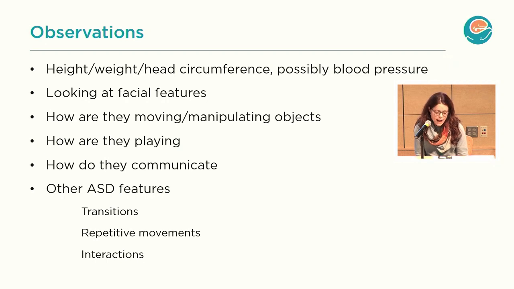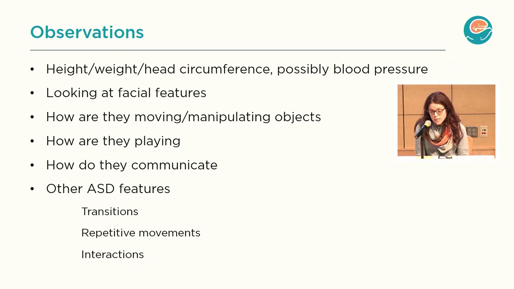But a lot of the times we're looking at other things like how kids are moving, how are they using their body, does it seem developmentally appropriate, are there delays with walking, running, getting from the waiting area to the office. How are they communicating with us?